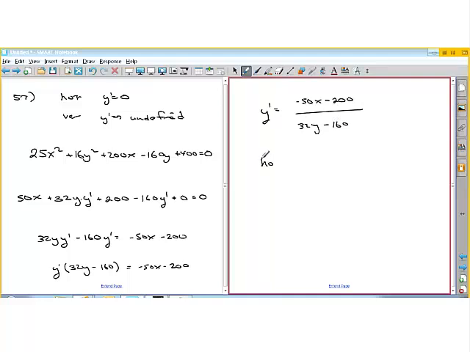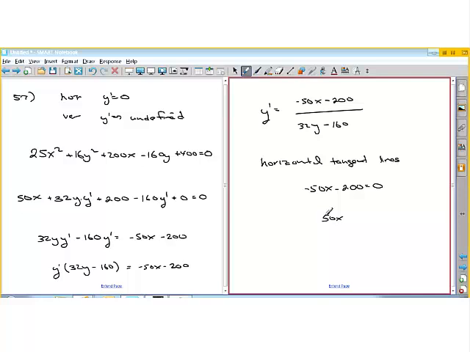So for horizontal tangent lines, the numerator is 0. So for the horizontal tangent lines, you have that negative 50x minus 200 is equal to 0.